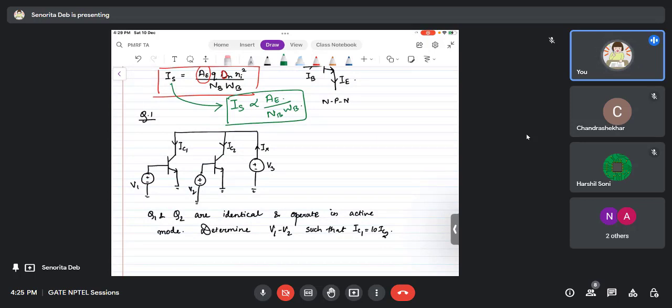Now the question is that Q1 and Q2 are identical and they operate in active mode, right? And we have to determine V1 minus V2 such that IC1 equals 10 times IC2. I give you 1 minute.